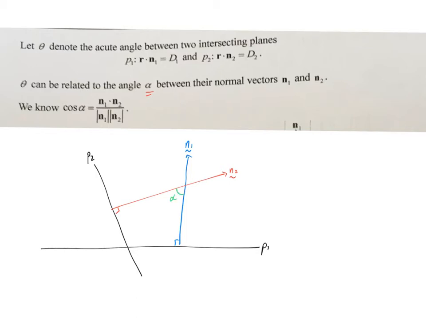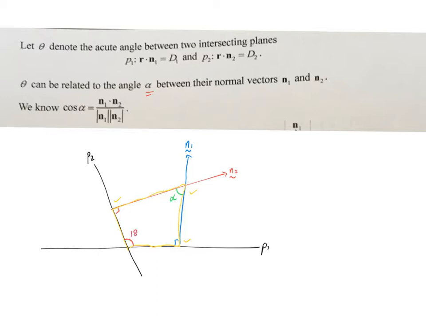If you look at the quadrilateral in general, the sum of all the angles in the quadrilateral must add up to 360. There's 90 here, there's 90 here, and there's alpha here. So basically this theta, which is the angle between the two planes, is... actually wait, cancel what I said.